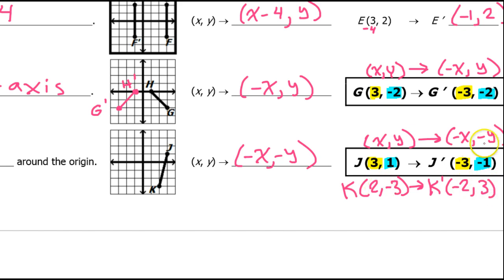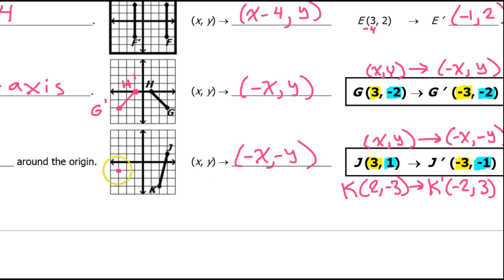And this is why I don't say -y. I say the opposite of y. If I said -y, you would probably be tempted to put a negative sign here. Opposite of y reminds me that if it's already negative, I do the opposite and make it positive. So let's plot everything. Point J prime is -3, -1.